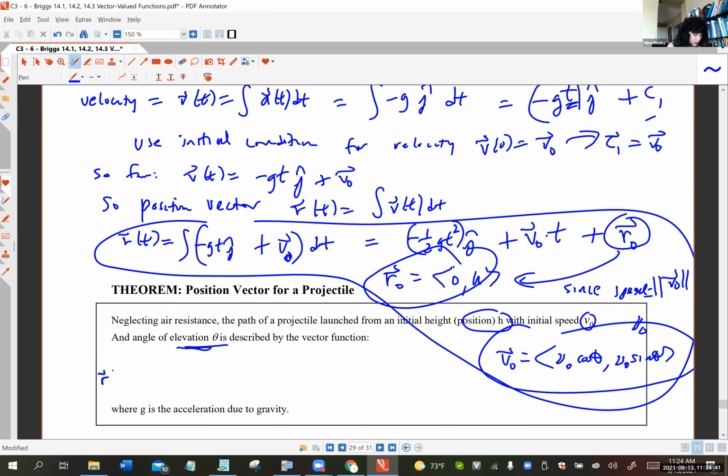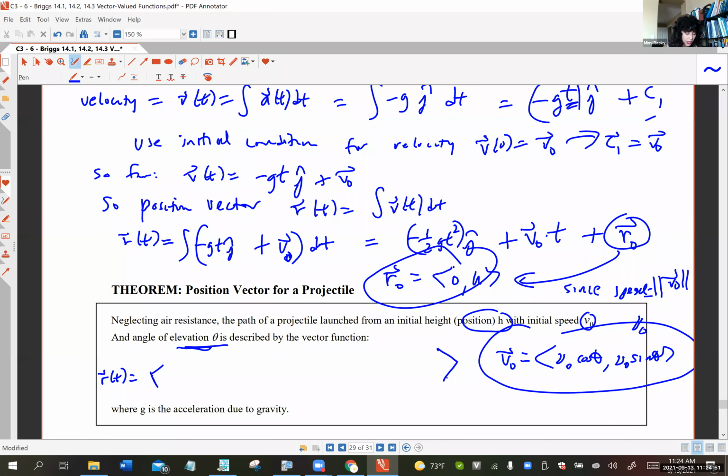Here it is, fill in the blank. r of t equals, and if I put this into component form, because that's usually the way I like to roll, the first component is the speed, v naught cos theta, that's just some number when you figure it all out, times t, comma, initial height h plus v naught sine theta times t, and then minus one half gt squared.